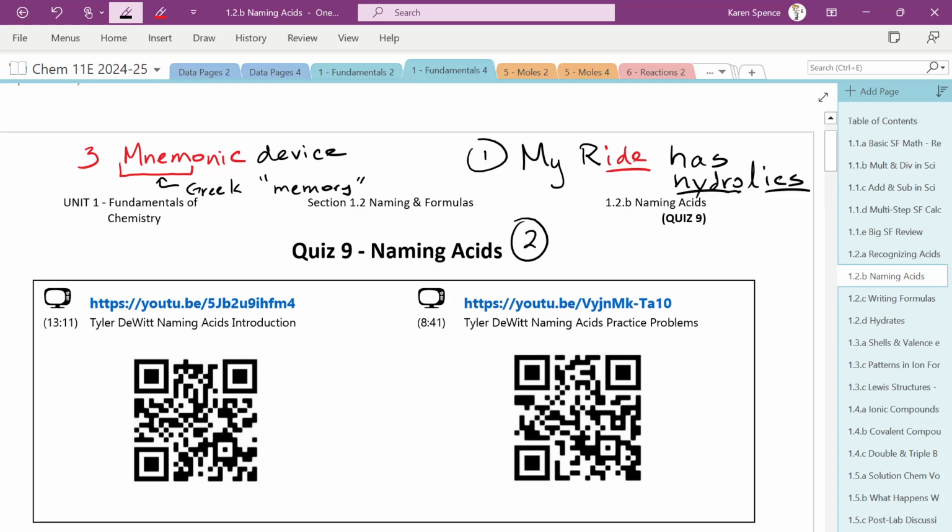Anyone remember another one? Yes. I ate something icky. So if you have an anion, what's an anion? A negative ion, okay? A negative ion. What do we call positive ions? Cations.